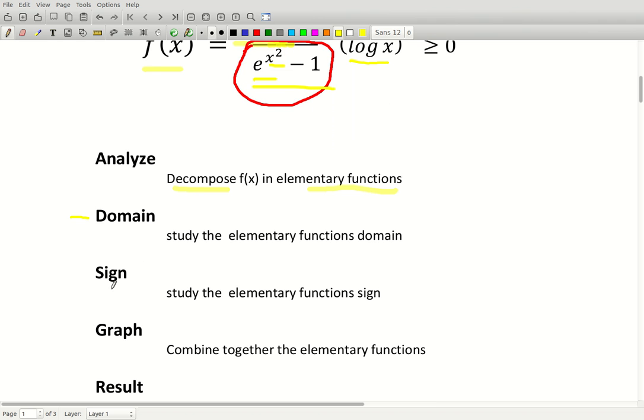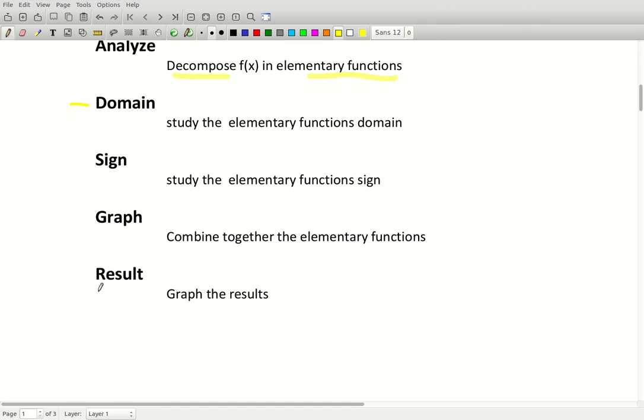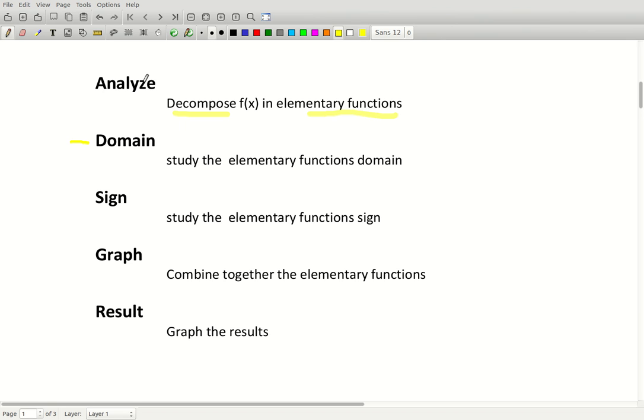After, I can study the sign of the elementary functions, one by one, and after I can combine together all the signs of the elementary functions and make a graph. From this graph, I can obtain my result and put it in a new graph. In the next video, we can look at some examples of this method.